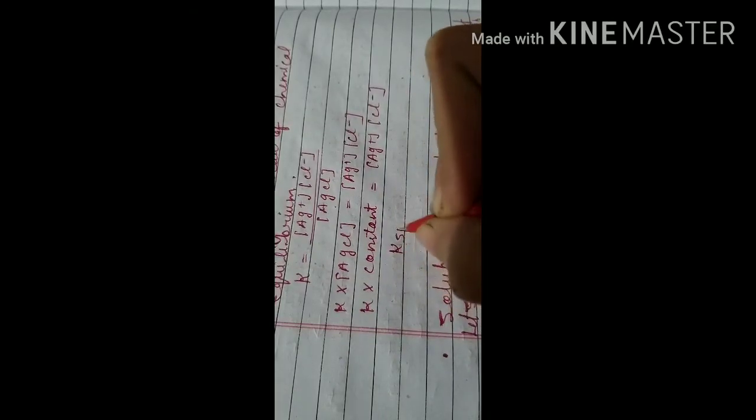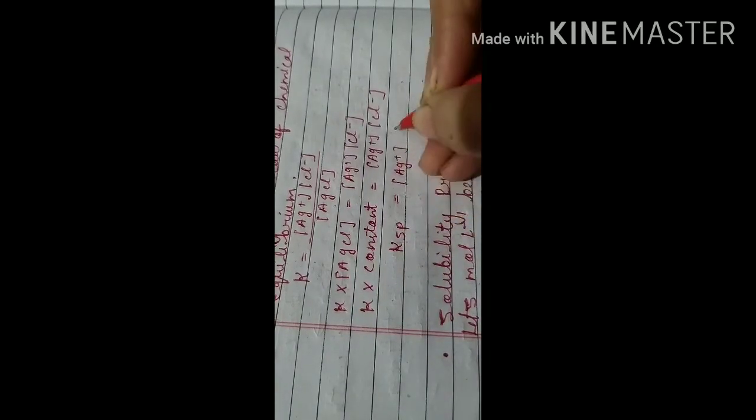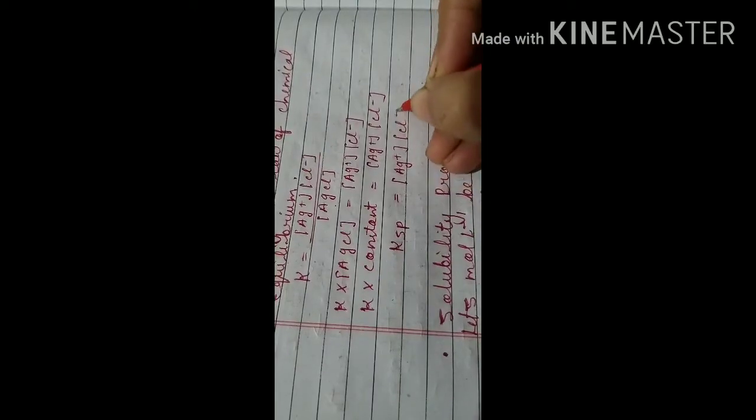That becomes the Ksp, the solubility product constant, equal to the product of the molar concentrations of the ions.